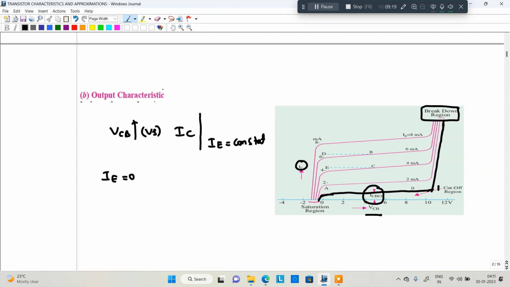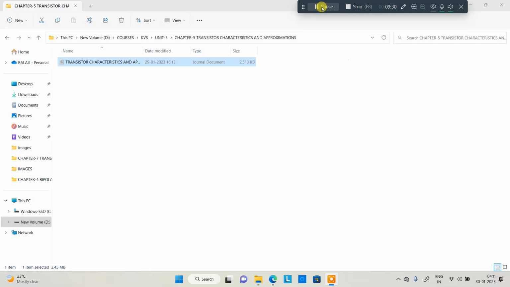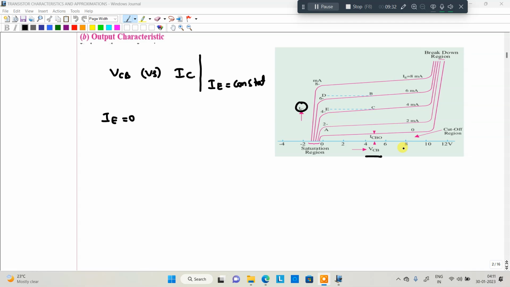This is the reason it is a cutoff region. So a transistor has a cutoff region, saturation region, as well as a breakdown region. These are the three particular regions of the transistor output characteristics graph.